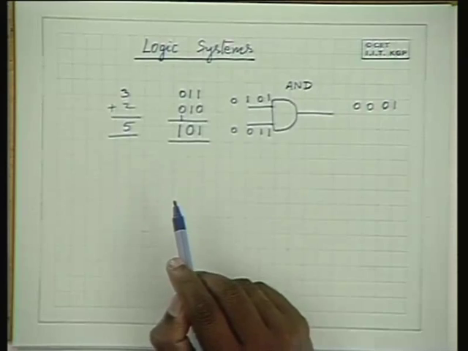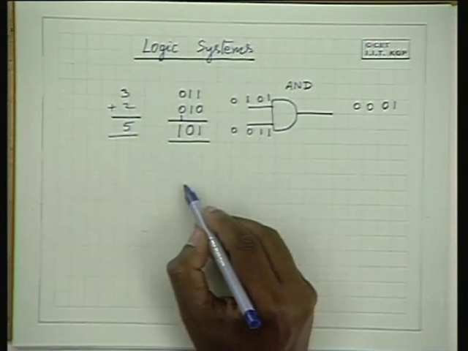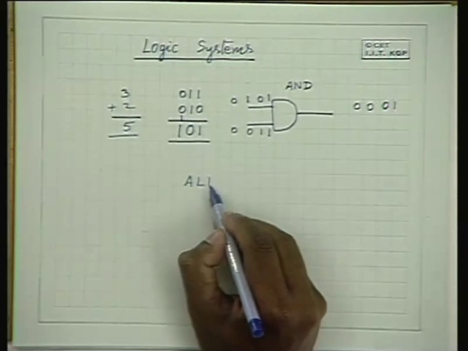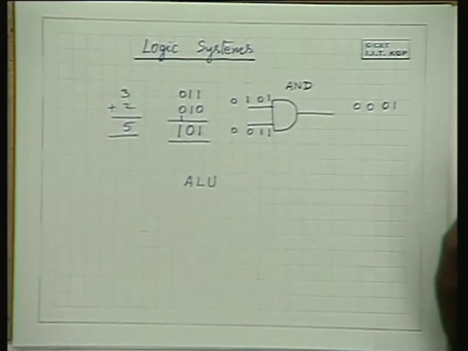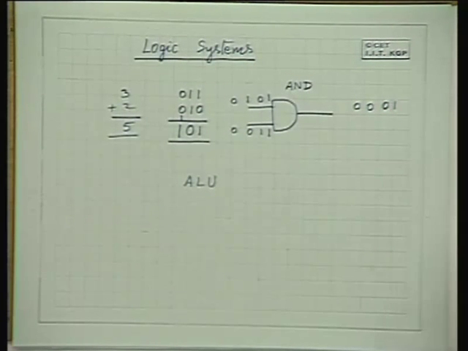For instance, an arithmetic logic unit, ALU, is an integral part of a CPU, a central processing unit, which is the heart of a computer system. So you are hearing about Pentium systems. Earlier you heard about 486. So these are all CPUs, central processing units, which are the hearts of the computing systems.